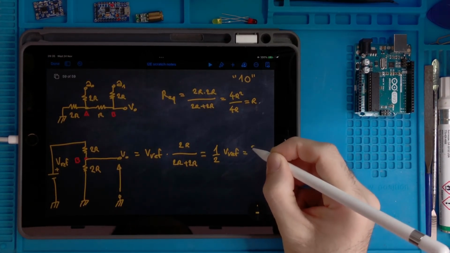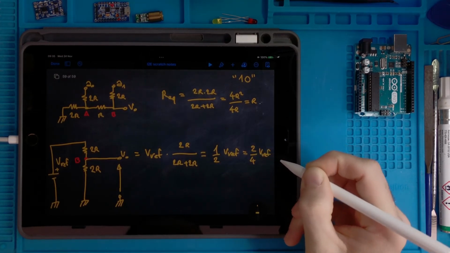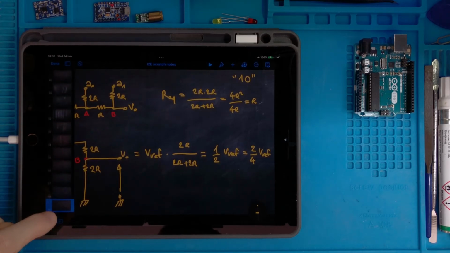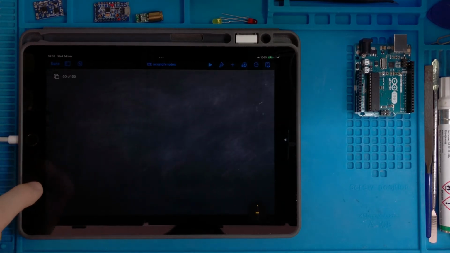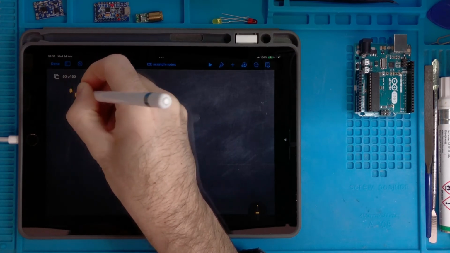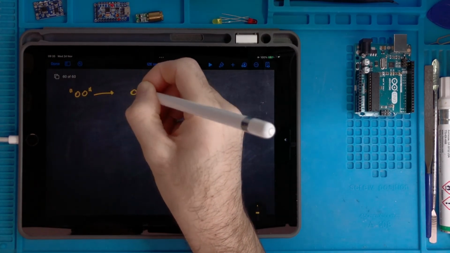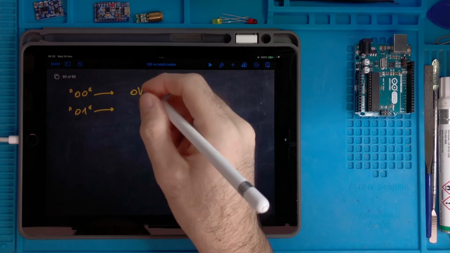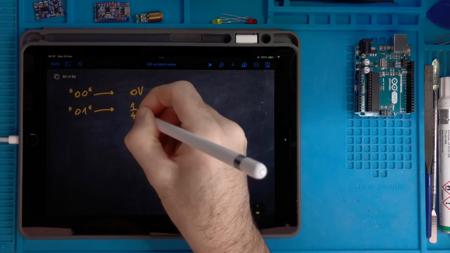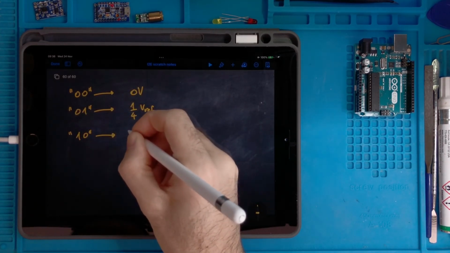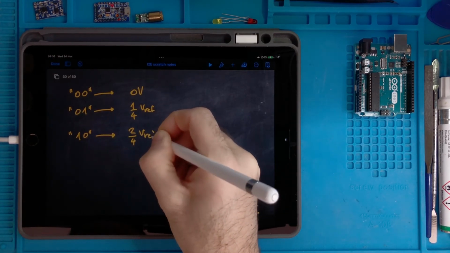So if you want, 2/4 Vref. So we have those cases. The case for which 0, 0 makes 0 volts, the case for which 0, 1 makes 1/4 of Vref, the case for which 1, 0 makes 2/4 Vref.